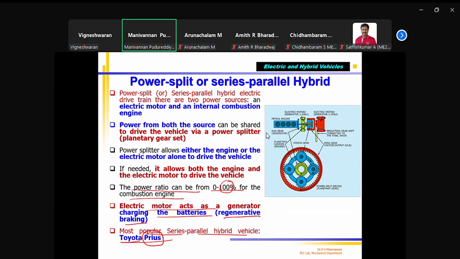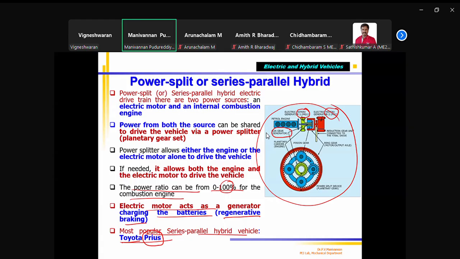It is a series parallel hybrid. This arrangement shows the series parallel arrangement of the Toyota Prius. You can see that it has a 4-cylinder engine, and the engine output is connected to a sun gear, planetary gear arrangement. Then it has 2 electric motors, MG1 and MG2.